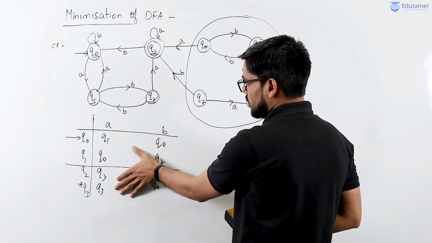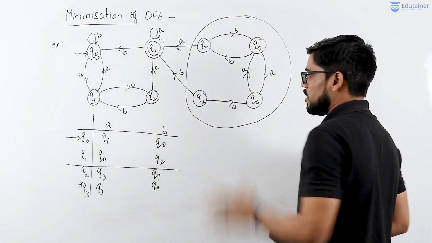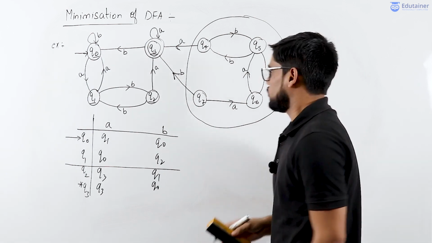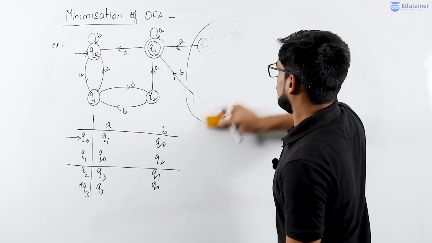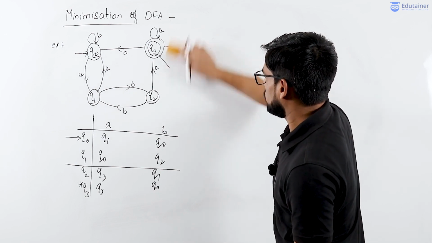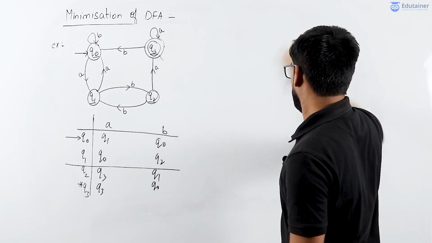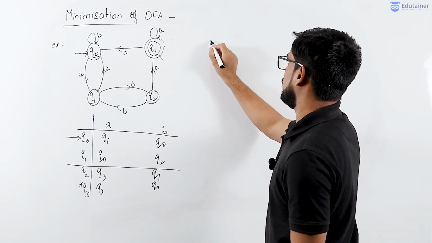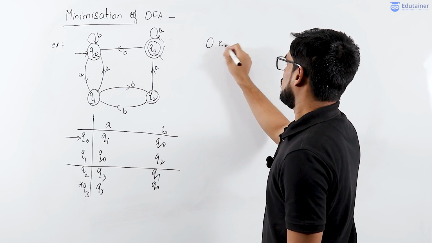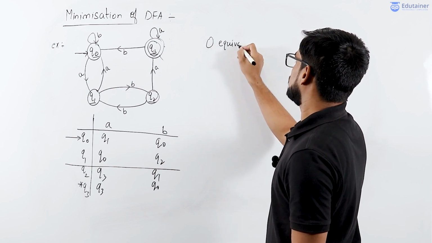Now after making the transition table, I will use the equivalence concept. So I will erase this particular diagram because it is not required. Okay, and from this transition table I will use the equivalence concept. First I will find the zero equivalent set.